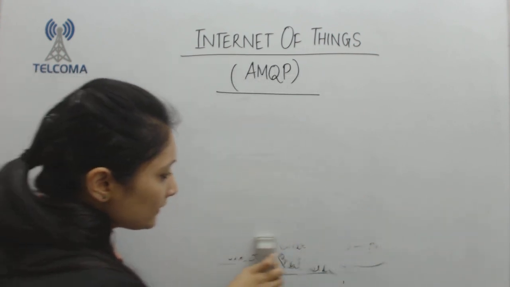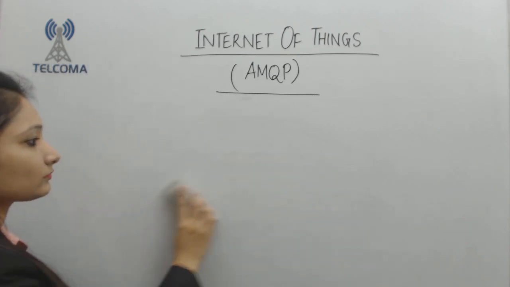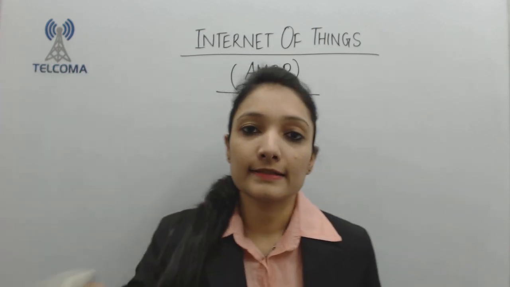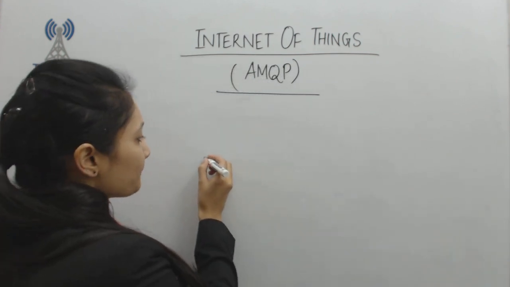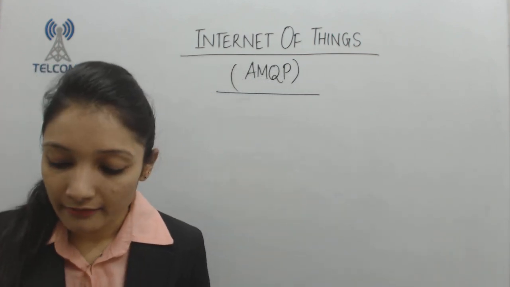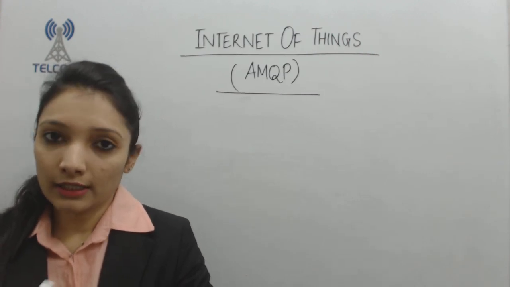Now next, what are the different layers? Basically AMQP is divided into two layers.